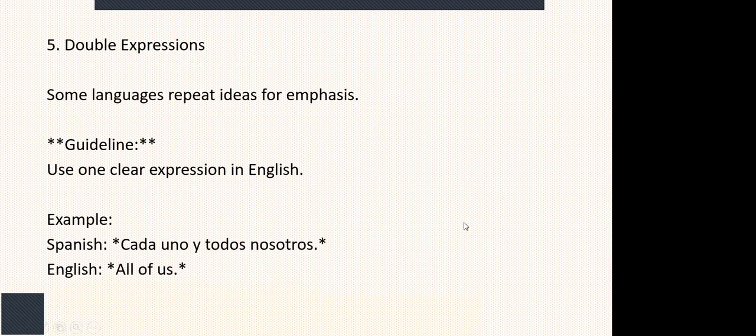So, double expressions. Some languages repeat ideas for emphasis, right? Look at these examples. "Cada uno y todos nosotros."